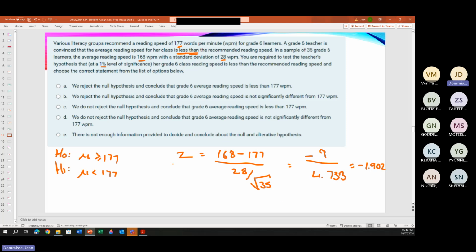Okay, and then let's just see if it's a Z test. You are required to test the hypothesis at 1%.